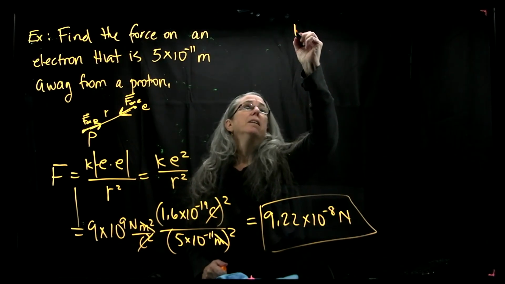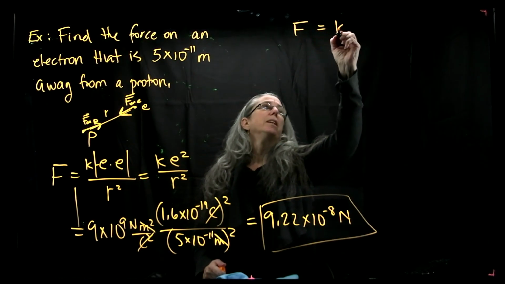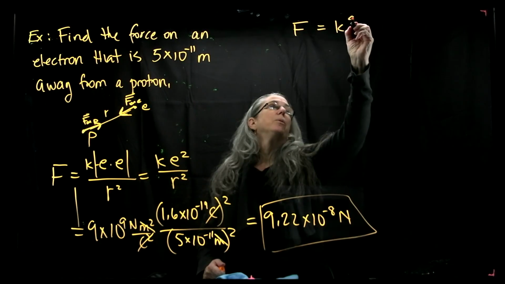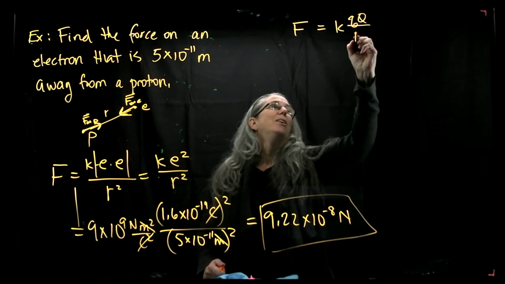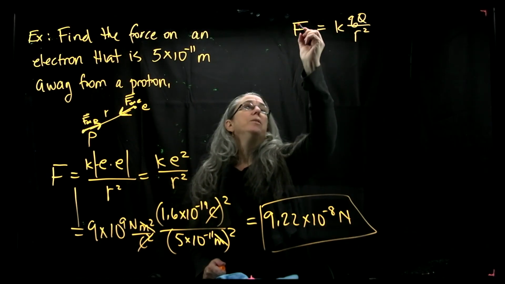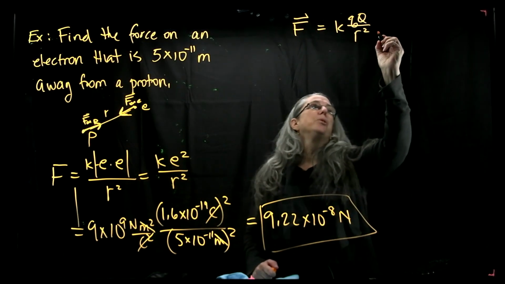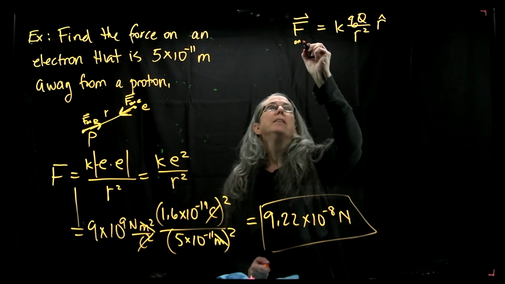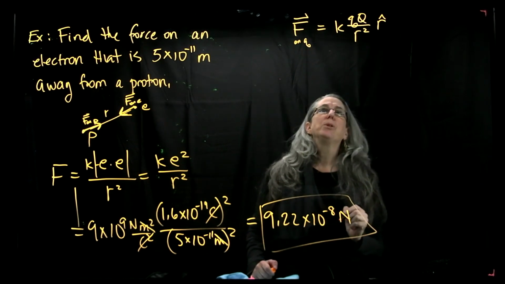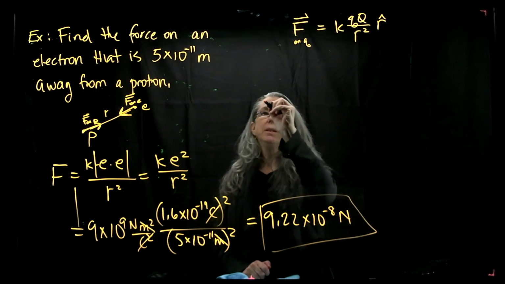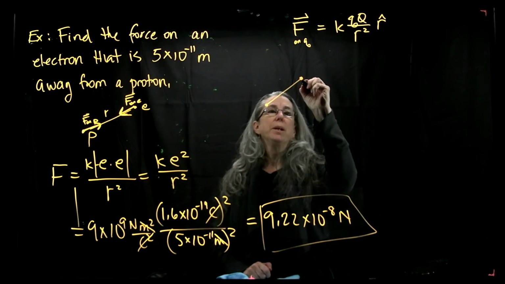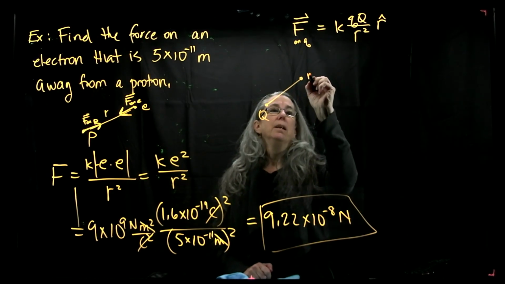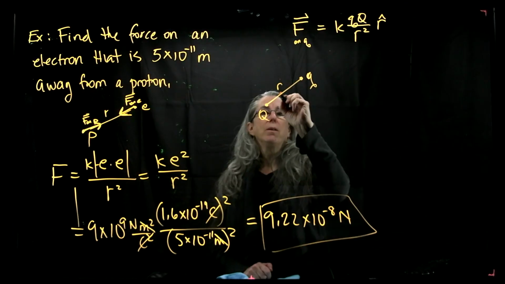So we had the magnitude version written like this. Doesn't matter which q I put first, over r squared. What you can do is, oh, I shouldn't erase that picture, I'll redraw the picture. This would be the force on little q, because of big Q. Draw them again, little q, and then this would be my r vector.